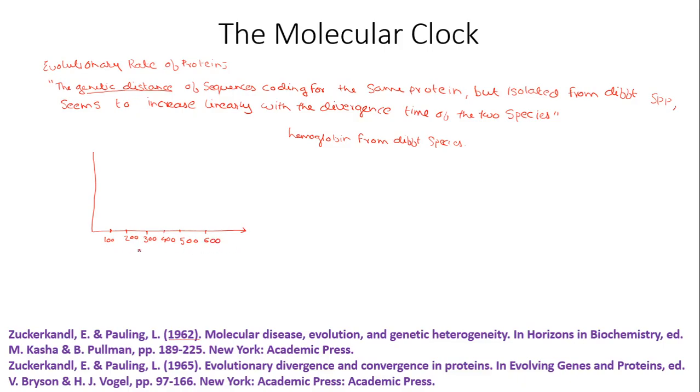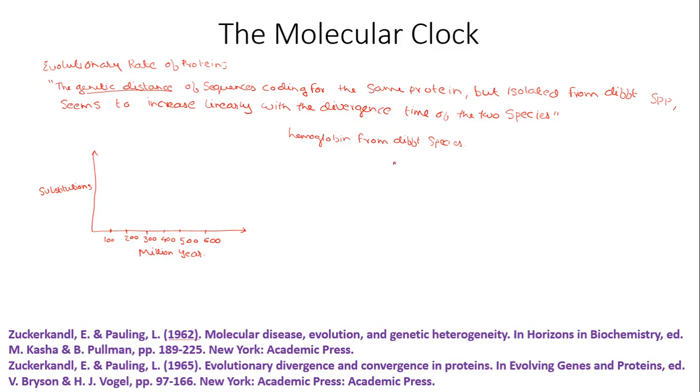And on the y-axis, let us plot the substitutions that happened in different hemoglobin sequences from various species. If we plot time on the x-axis and the number of substitutions in hemoglobin from different species, you might get a very peculiar graph.